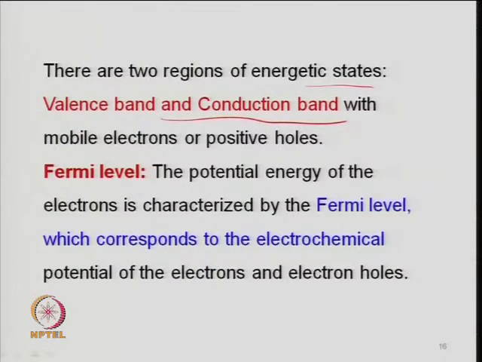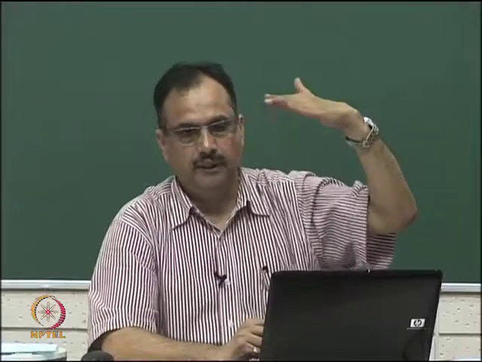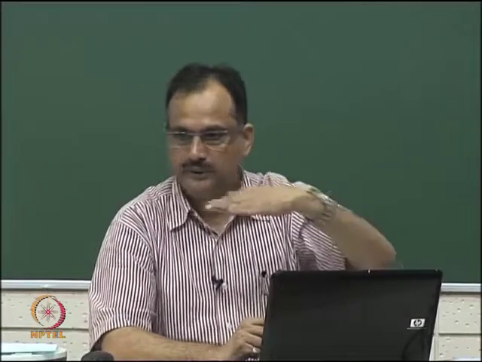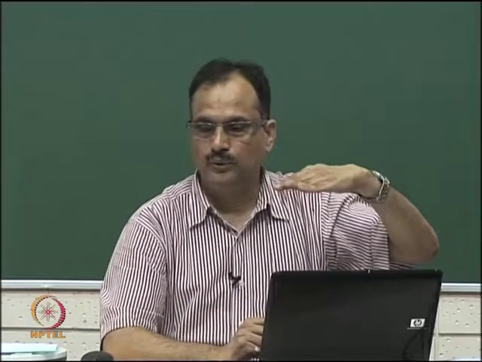The Fermi level is the potential energy of the electron, which corresponds to the electrochemical potential of the electron and the electron holes. Generally, above the Fermi level the energy is minimum, right, and below that the energy is maximum. So, it is a gap between them, right.